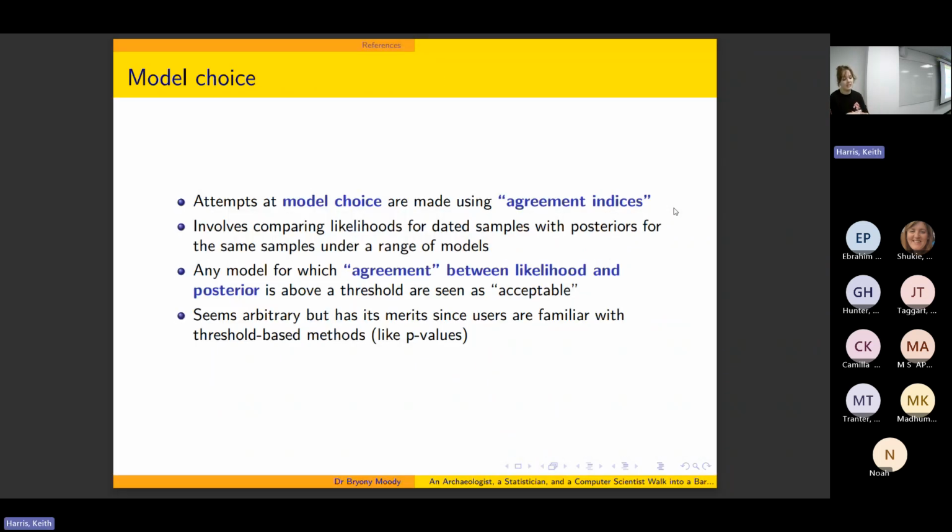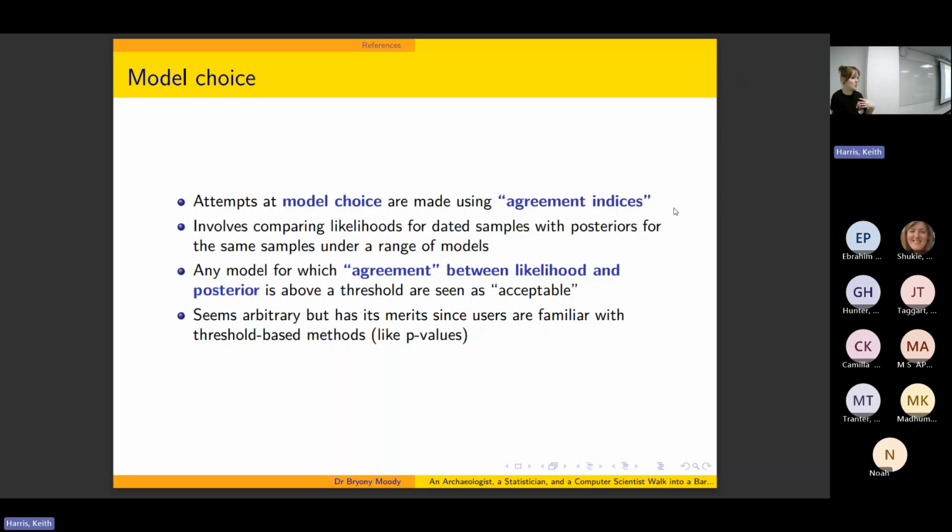Model choice is also done in existing software, where people automatically encode models one by one. They typically use these agreement indices, which are basically an adjustment to Bayes factors. They compare the likelihoods of the data samples with the posteriors under a range of models, and they give these agreements. It seems a little bit arbitrary. It's like the whole p-value thing, right?